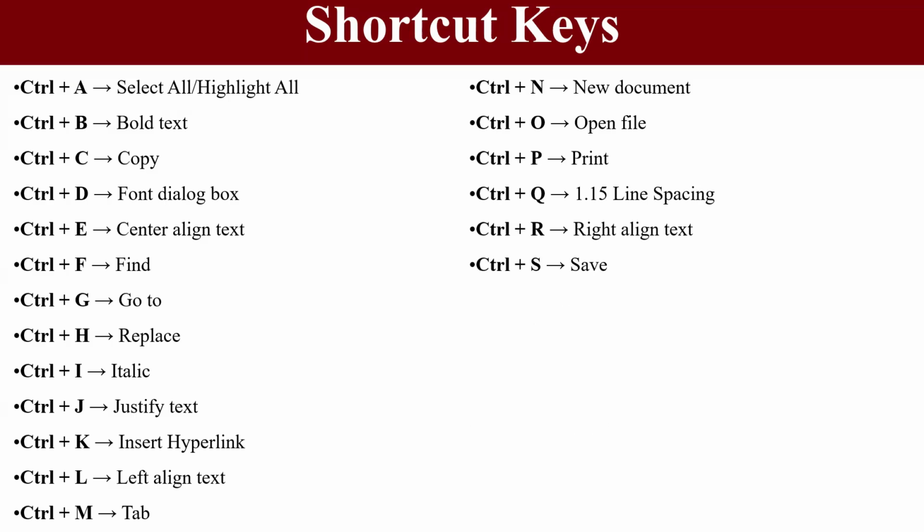Then we move to Control S. Control S is the main thing. Without this Control S, you cannot even keep your previous file in your system. So take note of this. Whenever you are done with whatever you are doing in your Microsoft Word, before closing it, you need to click Control plus S, that is Control S, to save your work.